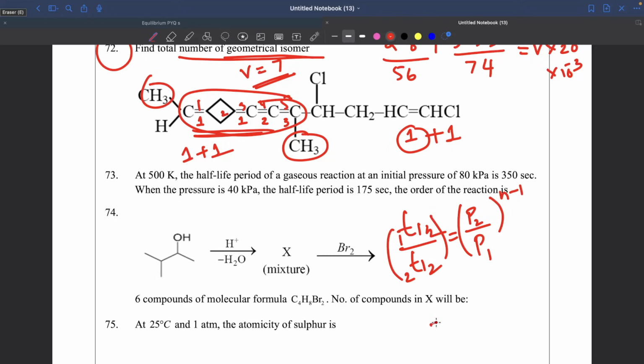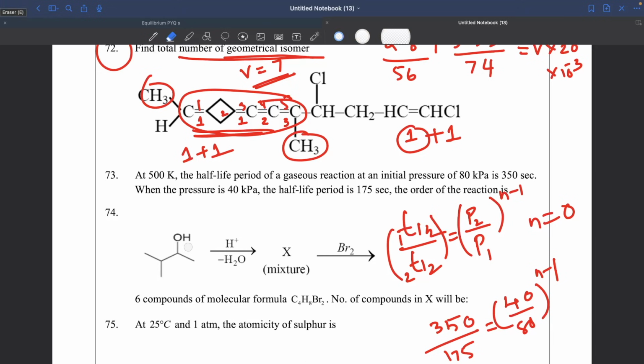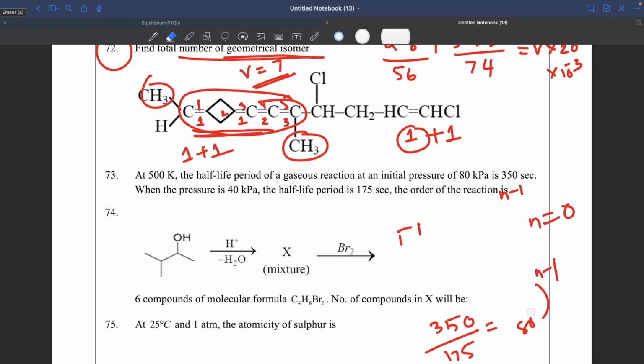So 350 over 175 equals 40 over 80 power n minus 1. On solving this, n becomes equal to 0. N is 0 here. So the answer for this question is 0. Next one is question 74.